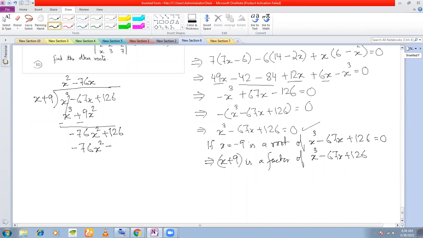You're going to get minus 684. So you're going to get 684 here. Okay. So again, if you subtract, this will cancel. So this is not divisible.